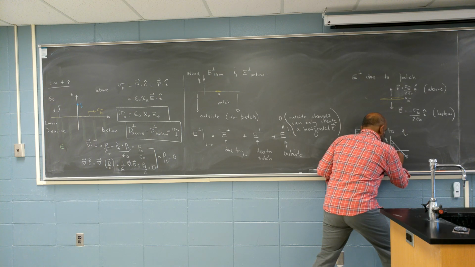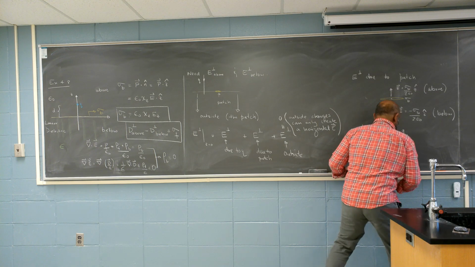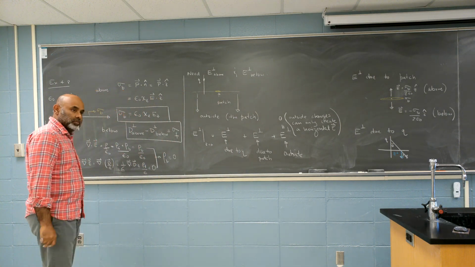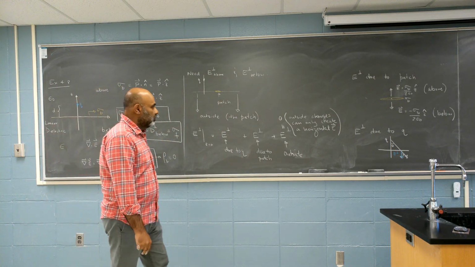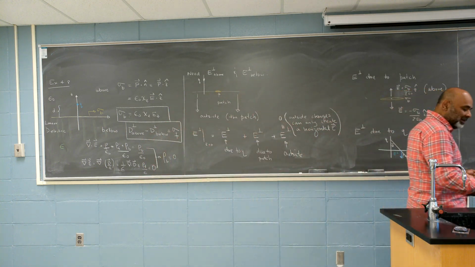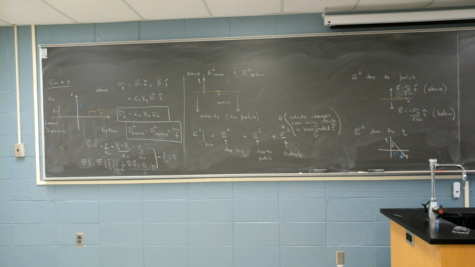That is going to be E perp. Are we good? Okay, well, it is KQ over R squared, and then we need to find the component of this.